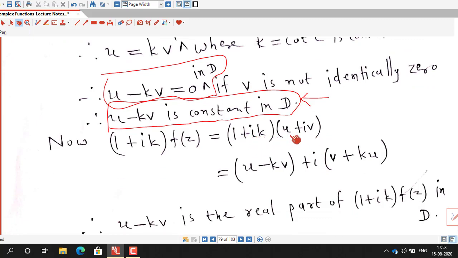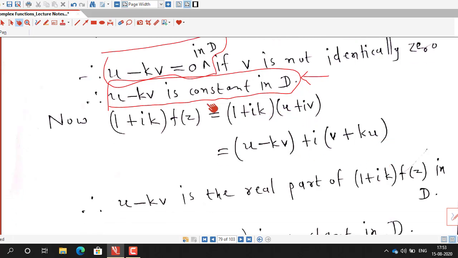So real part into real part, here real part is 1, here it is u. So 1 into u minus imaginary part into imaginary part, that is k into v, plus i into real part into imaginary part. So here real part is 1, imaginary part is v. So 1 into v plus imaginary part of first into real part of second. So here k and here u.